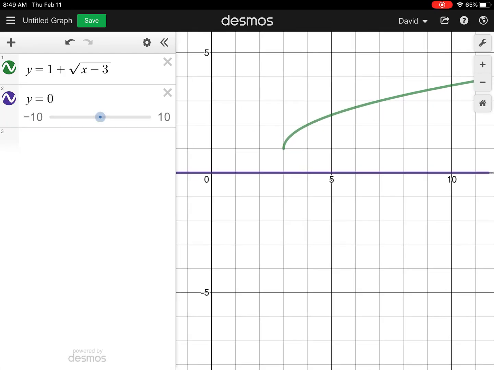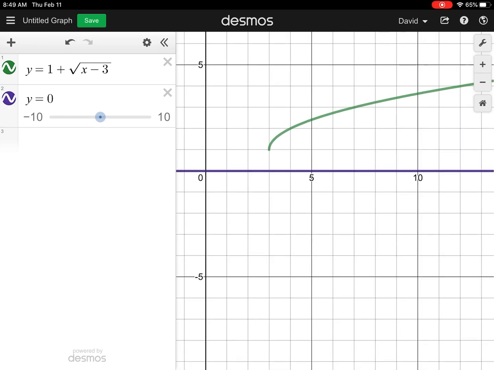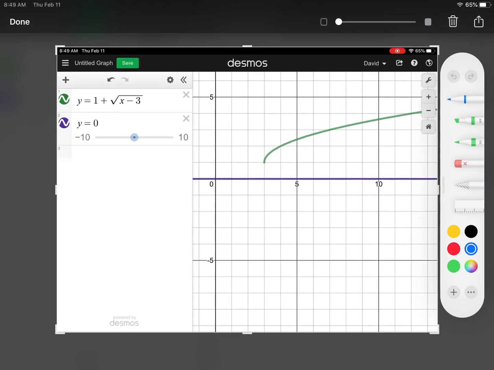Okay, so here you can see that the two lines don't cross. I mean, there's this imaginary kind of line right here. If it reflected down, it would actually cross right here, and that is at x equals 4.